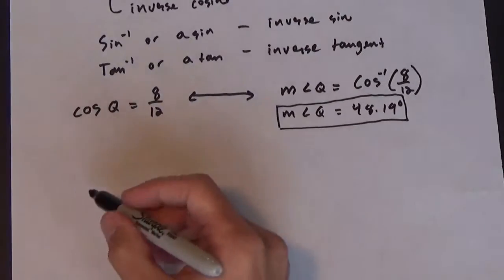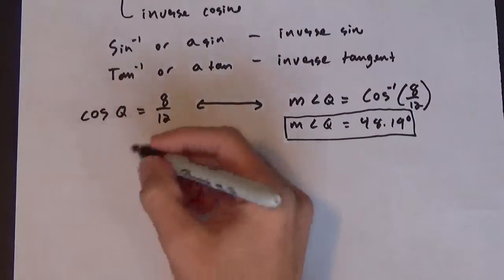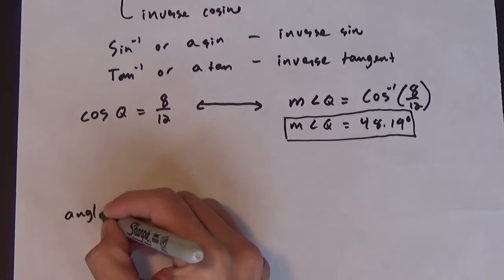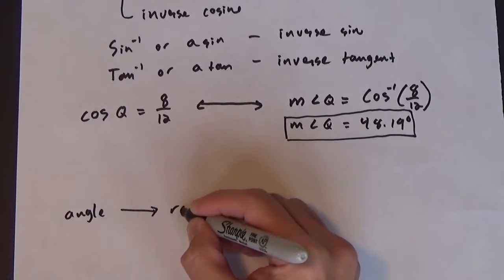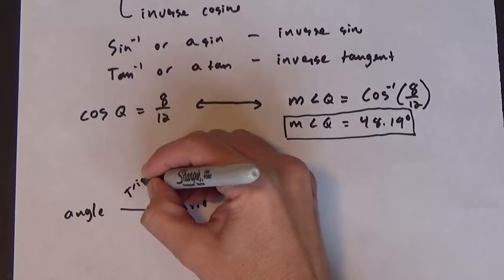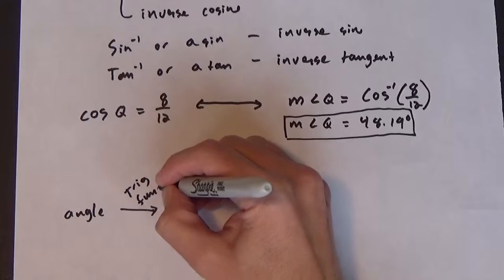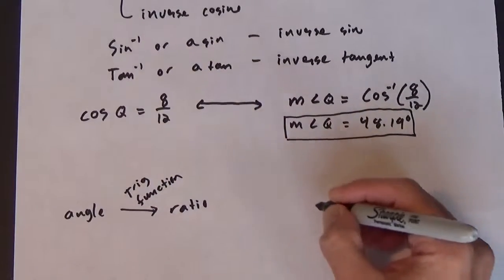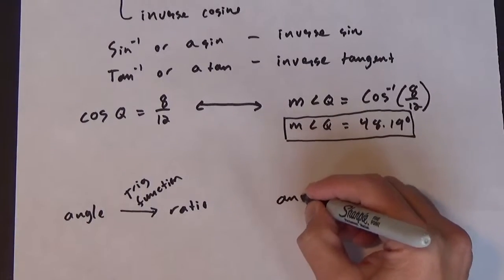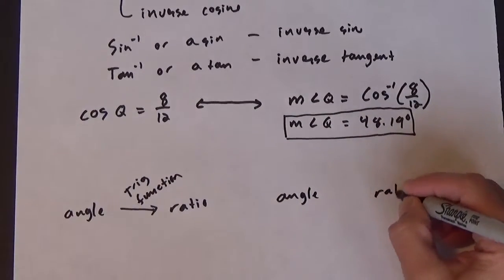All right, so let's go ahead and write this down. I've said this a couple times, but you do have to remember this: if you want to go from the angle to the ratio, that's a trig function. So here's angle and here's the ratio.